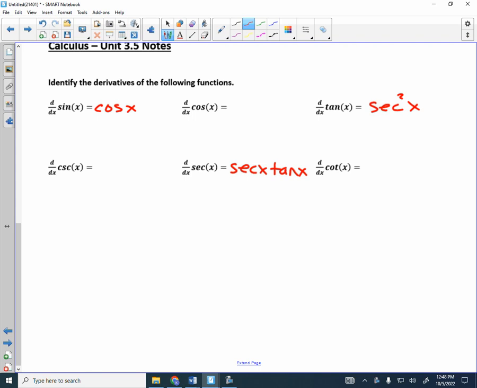Now, what's interesting is the derivative of cosine is not sine, it's negative sine. And the derivative of cotangent is not secant squared, it's negative cosecant squared.